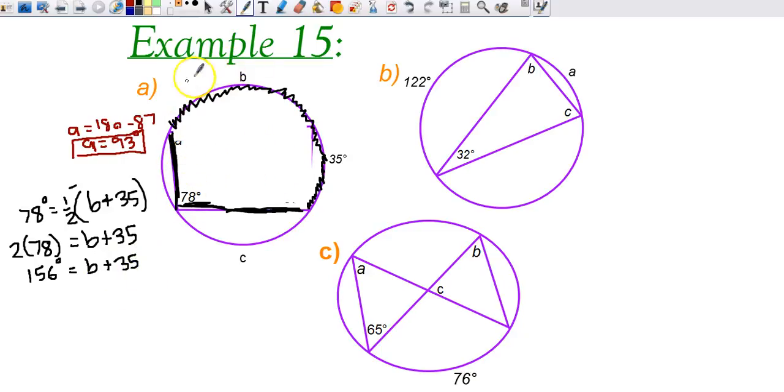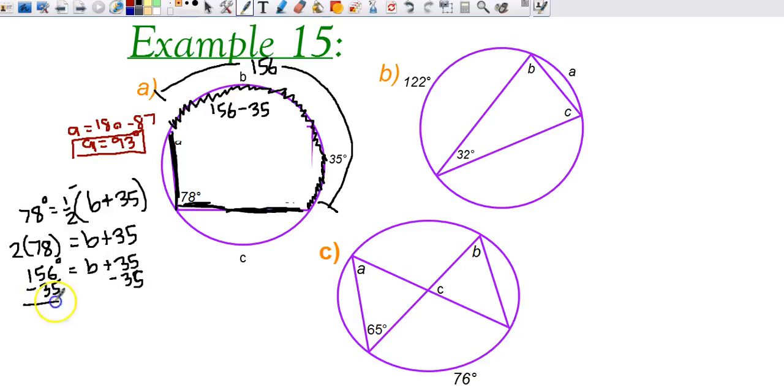So the 156 represents all of that, and if you take away the 35, you're going to get B. So 156 minus 35 is going to be, 14 minus 3 is 11, so that's going to be 119.